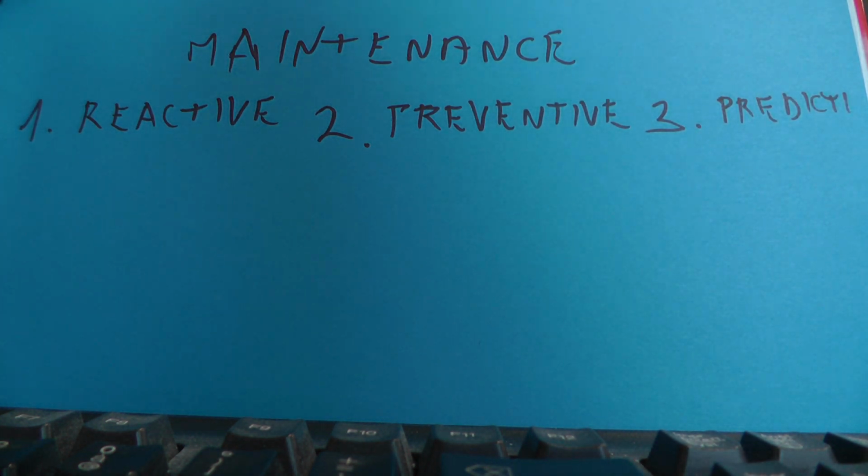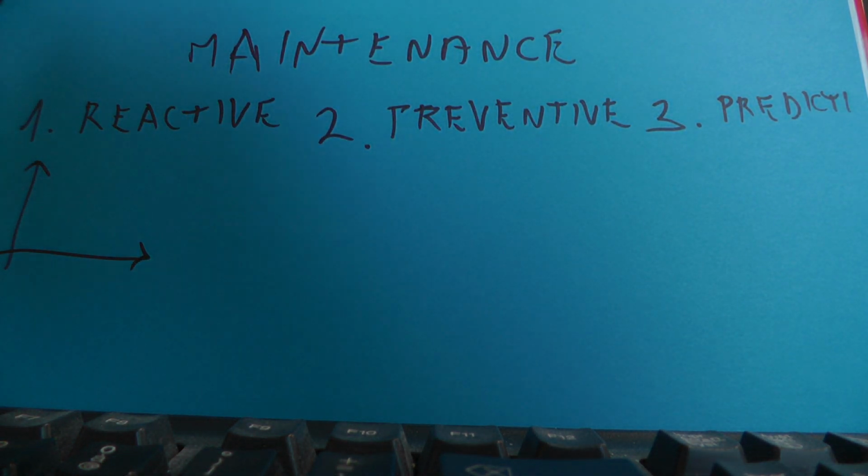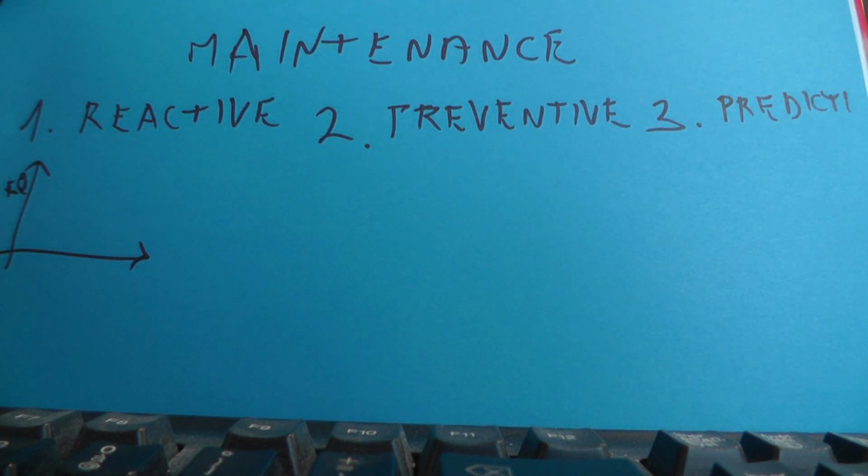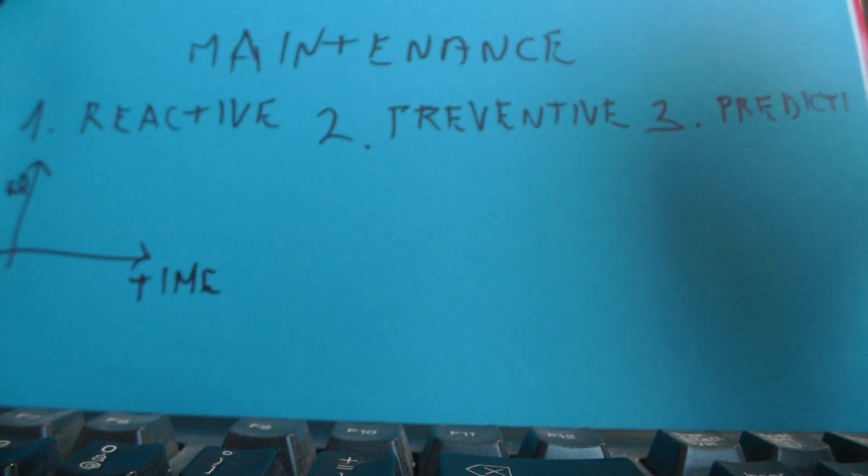So reactive maintenance is like this. Okay, we have here 1, 2, and this is equipment life, and this is time.